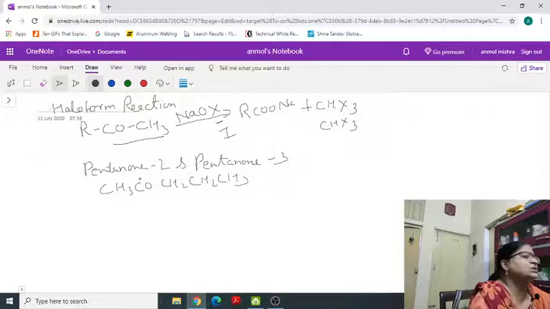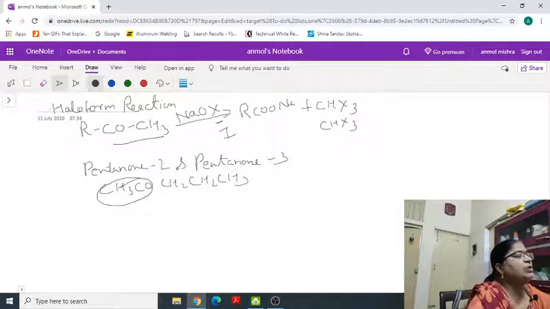So only this compound will give you the iodoform test because it has a methyl ketone group. Pentanone-3 will not give this test. If any double bond is present, it does not affect the double bond. It does not undergo oxidation.